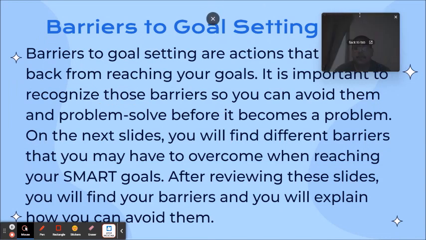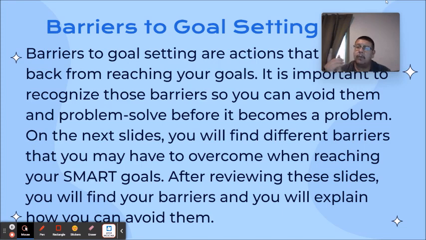Barriers to goal setting. Barriers means pretty much challenges that might prevent you from meeting your SMART goal. Sometimes it's very easy to just set SMART goals, but then later on things happen, plans change. There's a lot of things that happen in life that might be preventing us from meeting those goals, and that's what barriers mean.